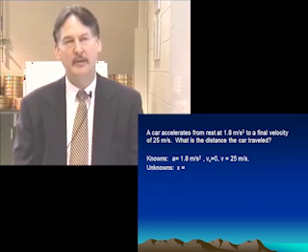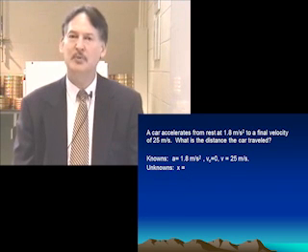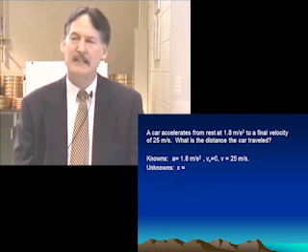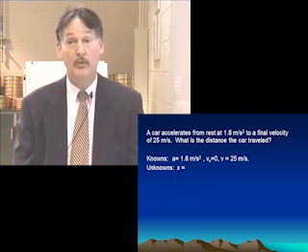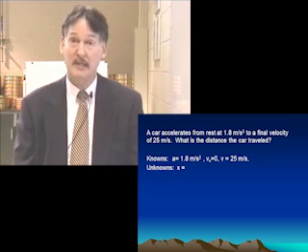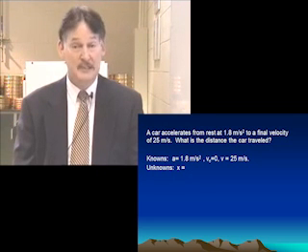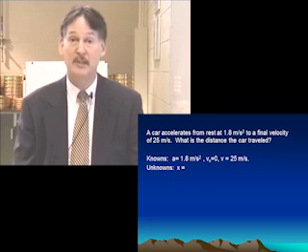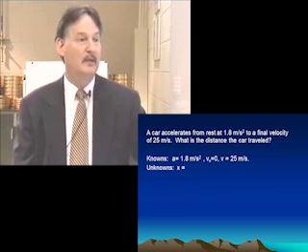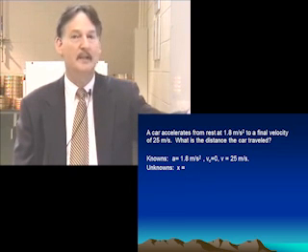Then we said it accelerated at 1.8 meters per second squared over a distance and achieved a final velocity of 25 meters per second. So, the last speed that this vehicle achieved in this problem over this distance was 25 meters per second. That would be our value v.